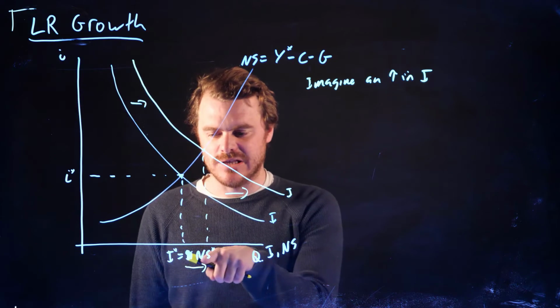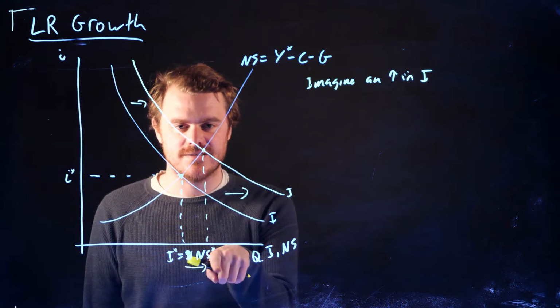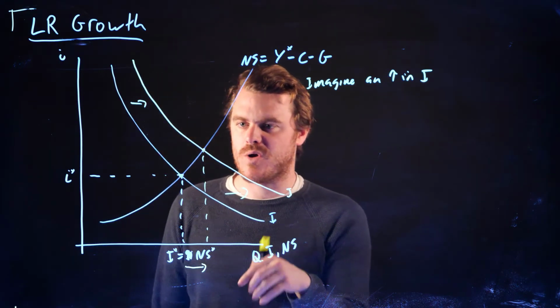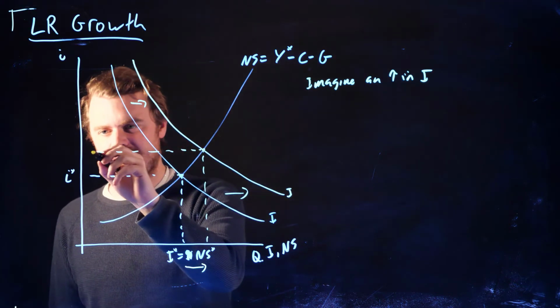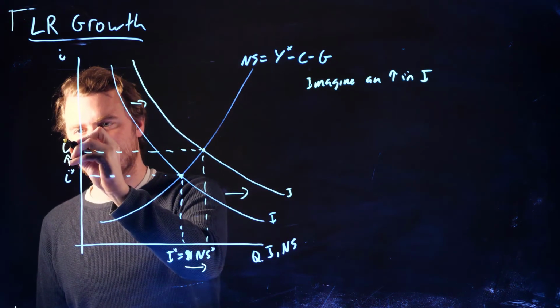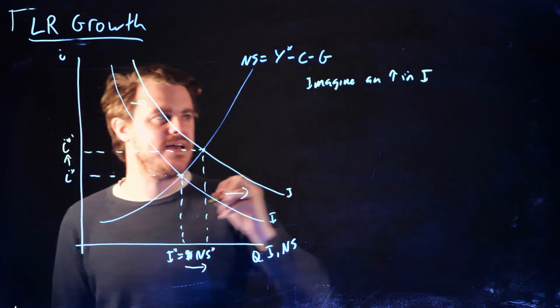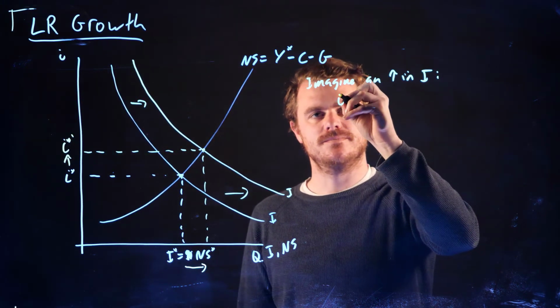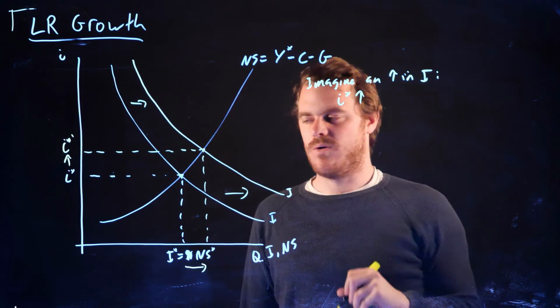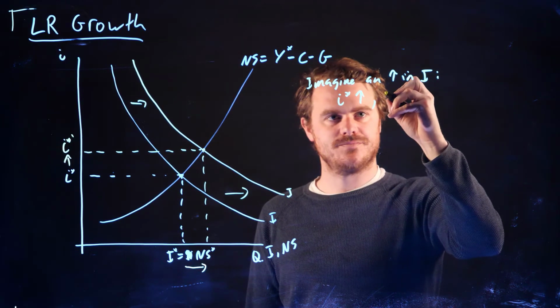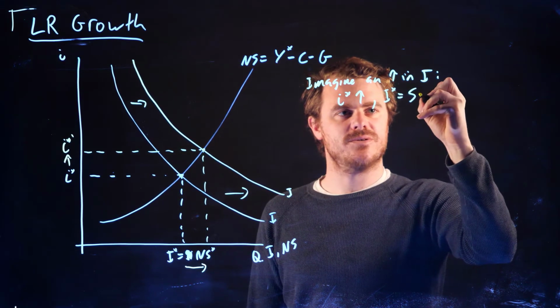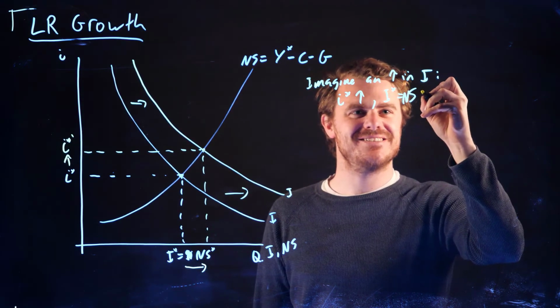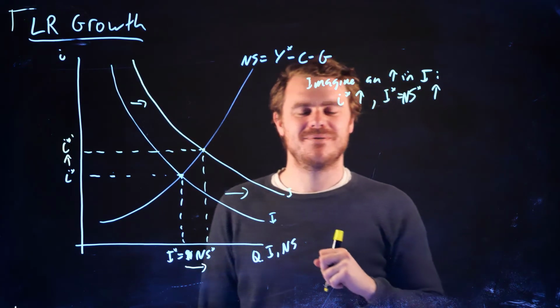So now we have a higher level of investment and national savings in terms of the quantity side. Now the interest rate is going to increase in this case. So I star is going to go up.